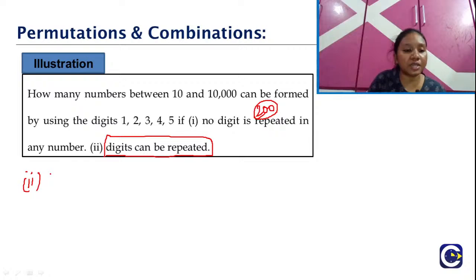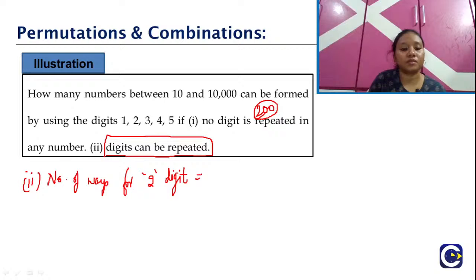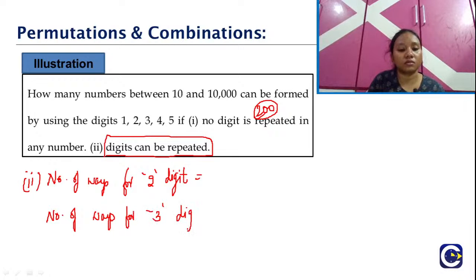So here also same cases. So number of ways for a 2-digit number and number of ways for a 3-digit number. And the last one, number of ways for a 4-digit number.